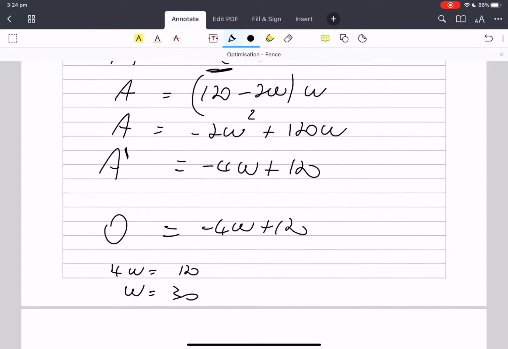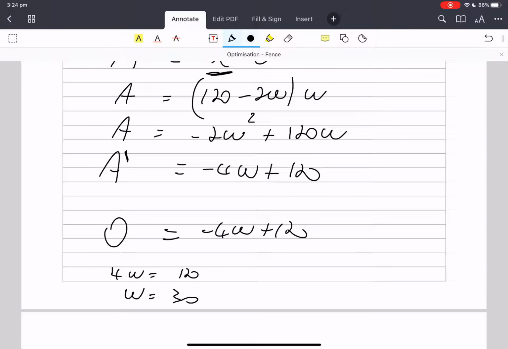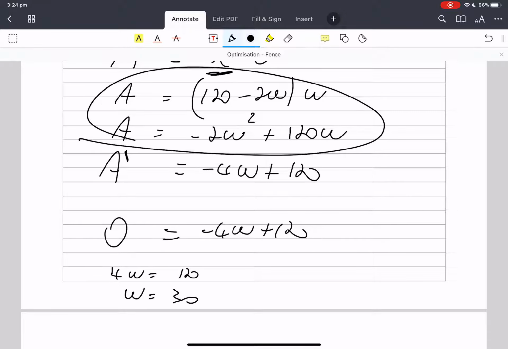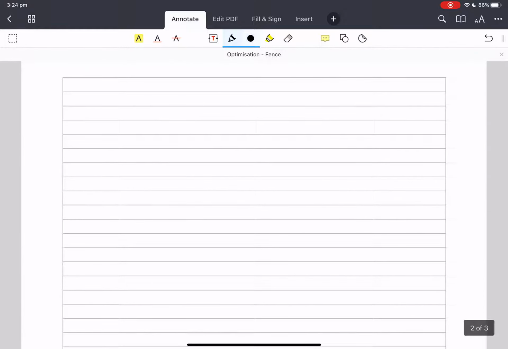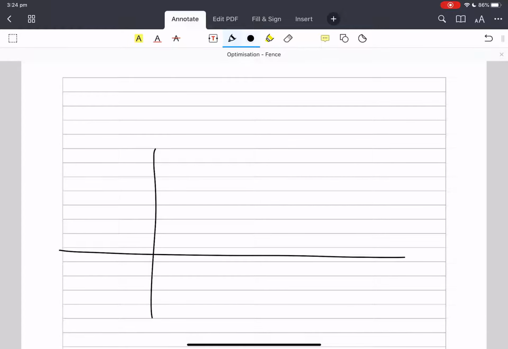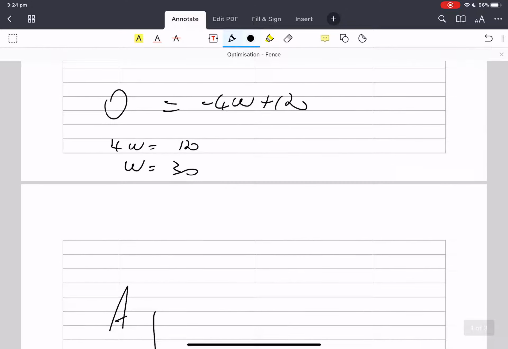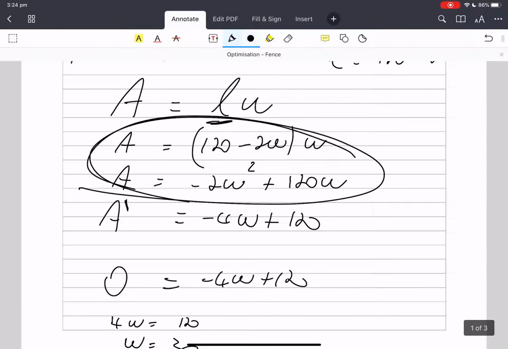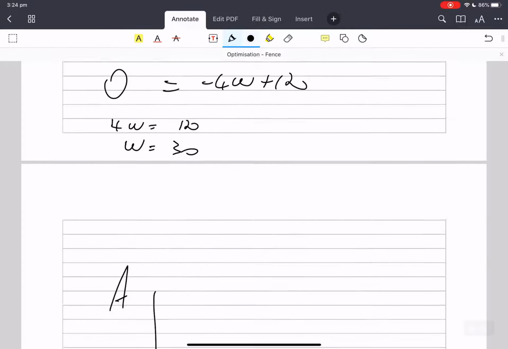Let's get our head around what some of these things mean. Let's think about A. Let's graph. A stands for area and W stands for width, and I'm graphing an unhappy or a negative parabola.